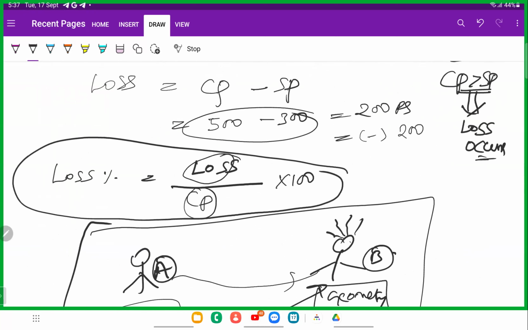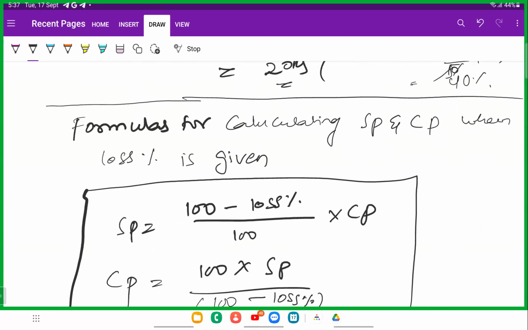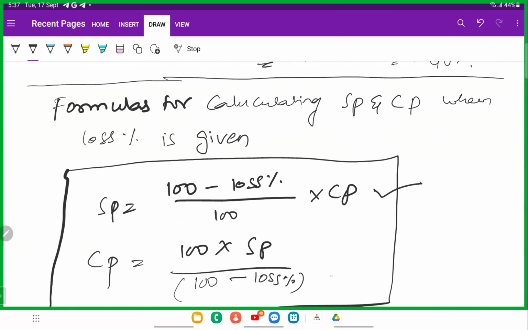You know what is loss? That is cost price minus selling price. If you take the subject as selling price, the formula will be this. If you take the subject as cost price, then this formula will be this. So these are the two ways.